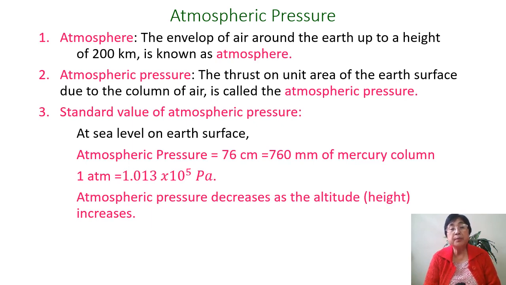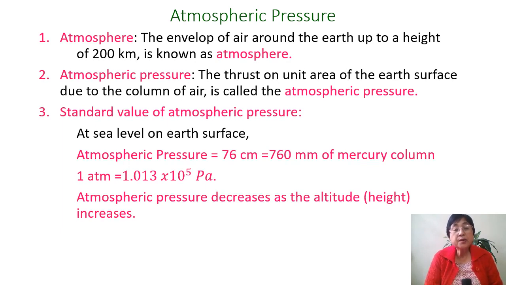In millimeter, that will be equal to 760 millimeter of mercury column. This is the one that we call 1 atmosphere. 76 centimeter of mercury or 760 millimeter of mercury is what we call 1 atmosphere. And 1 atmosphere is equal to 1.013 into 10 to the power 5 Pascal.